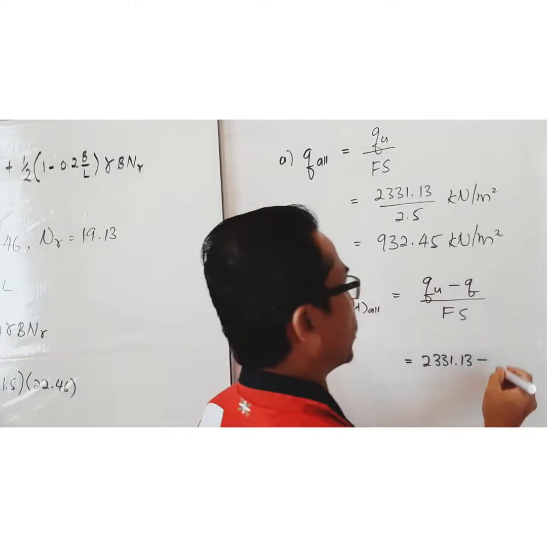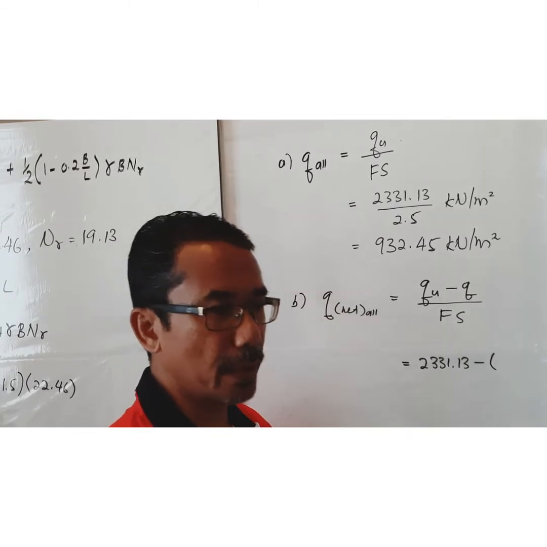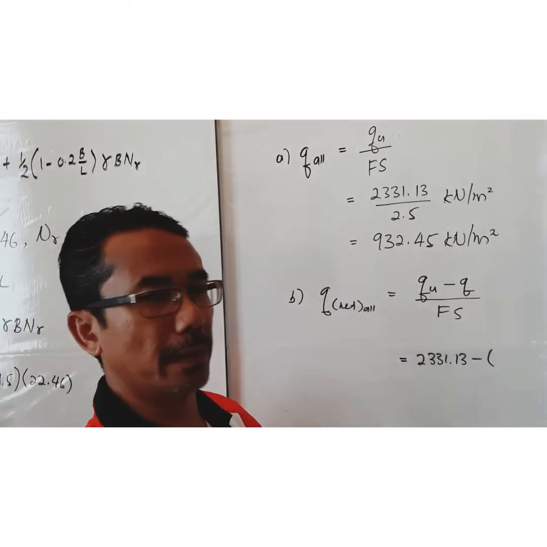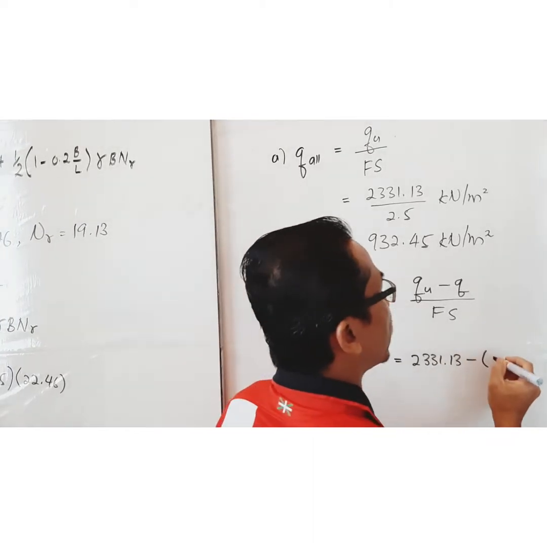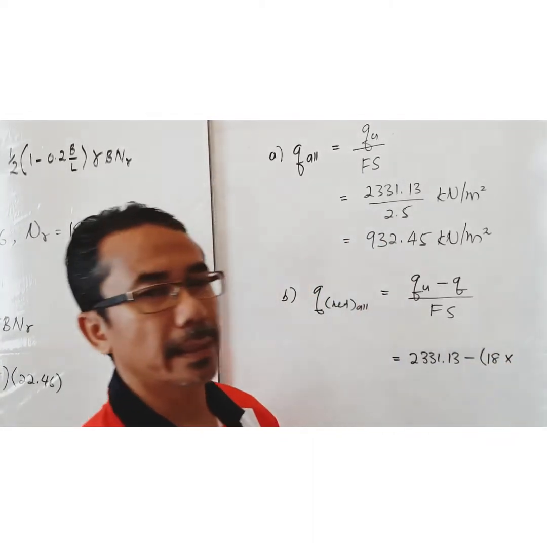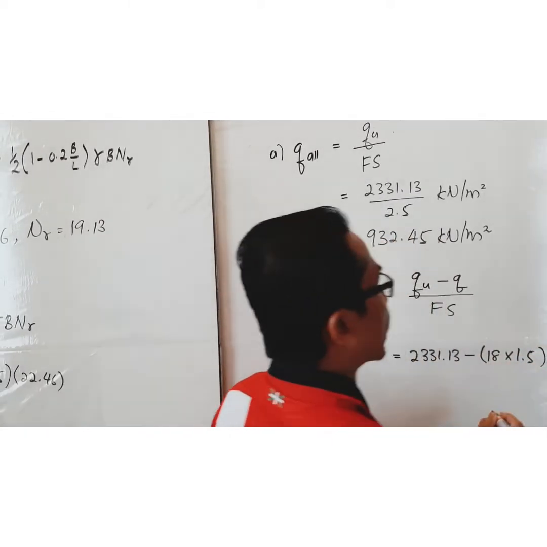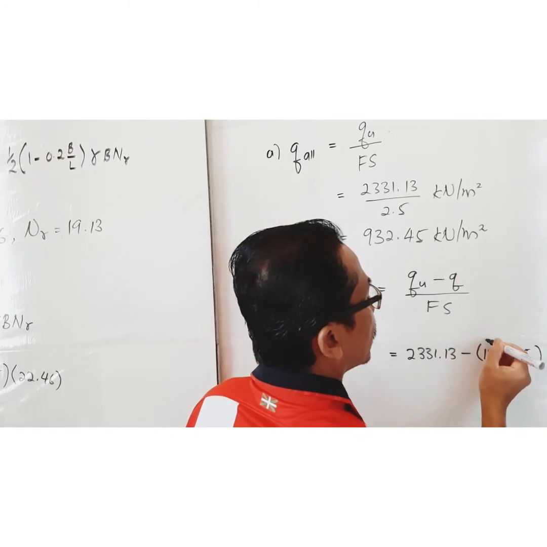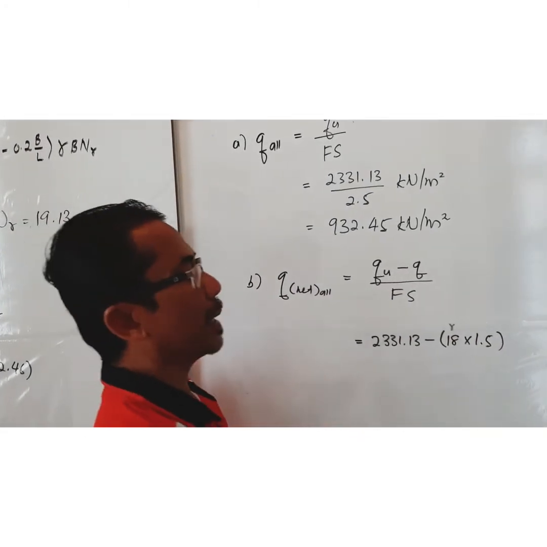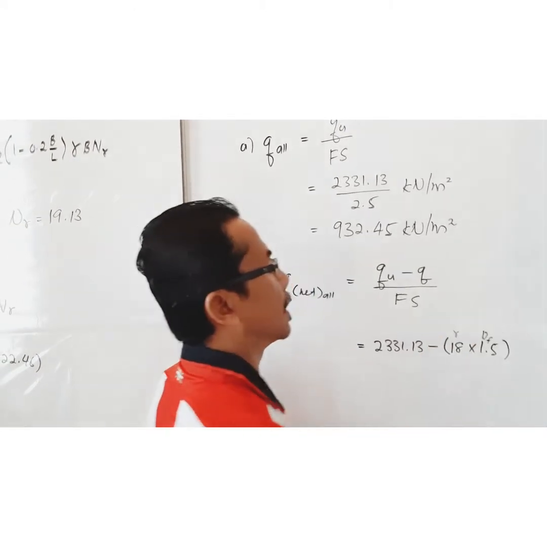As I mentioned before, q here is the stress at the base of the footing due to the weight above the footing. So it's the unit weight of the soil, which is 18, multiplied by the depth of the footing, 1.5. I write down here, 18 is the unit weight of the soil, and 1.5 meter is the depth of the footing.